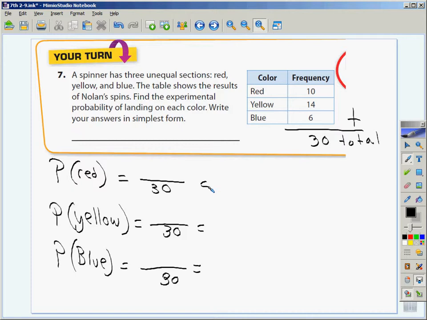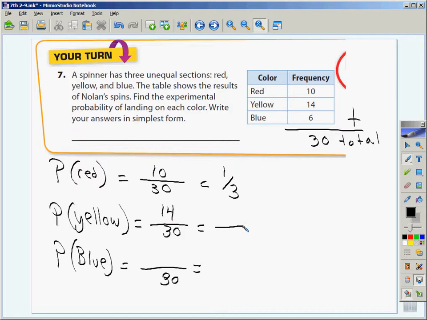Probability of red. How many times did red show up? 10. 10 over 30 will simplify, and I should simplify it. What does it become? 1 over 3. Yellow. 14 over 30.